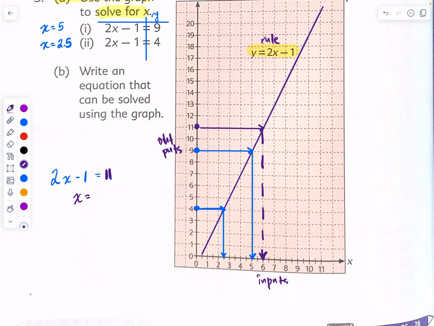X must be equal to 6. Another equation would be 2x minus 1 equals, let's see which value we can pick. Some nice integer. 17. I like 17, right? Here it is. Let's go to the graph and drop down. X must be equal to 9. We solved two equations.